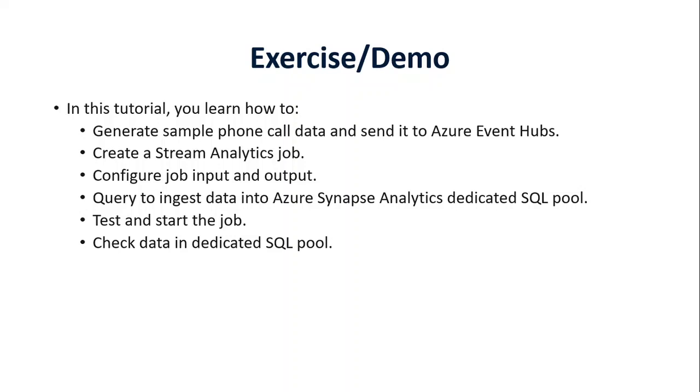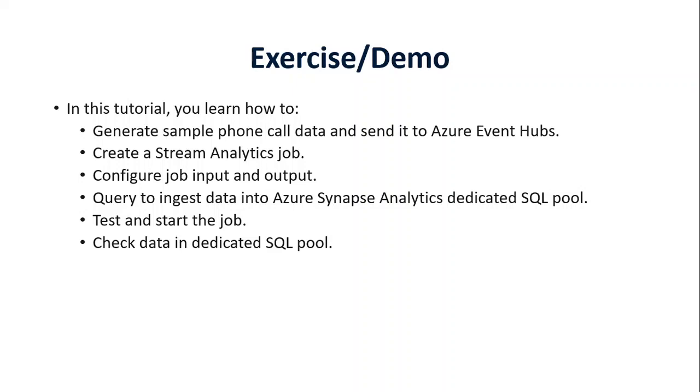So in this demo, at a high level, we will be inserting the data into an Azure Synapse Analytics dedicated pool from Event Hub. And as I mentioned, we will be using the phone call data. Then we'll create a Stream Analytics job. We won't be doing any kind of transformation, but we will show how we can ingest data from an application which is sending data to Event Hub directly into our Synapse Analytics.